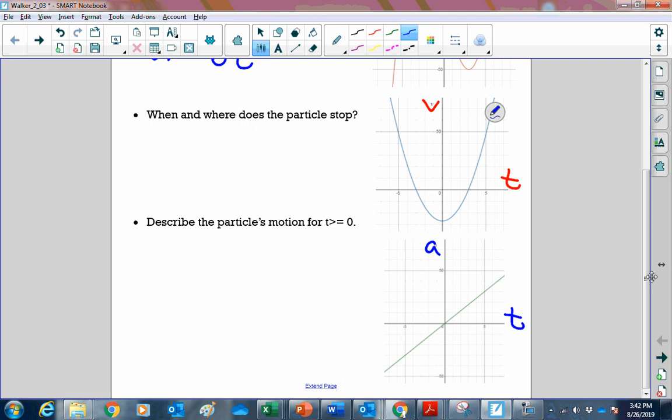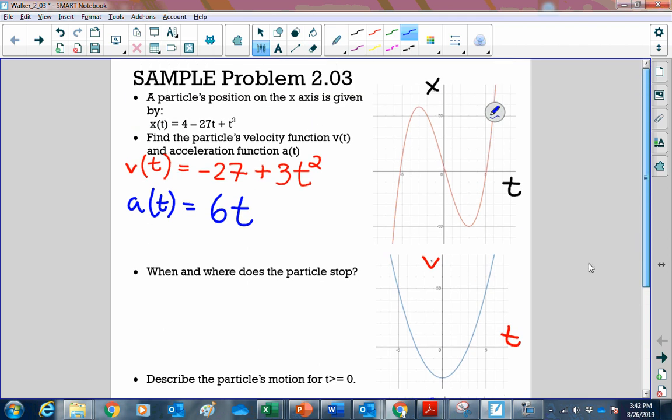So what I wanted to point out here that doesn't seem to be mentioned in the book is that when the object has a maximum position or a minimum position, right?